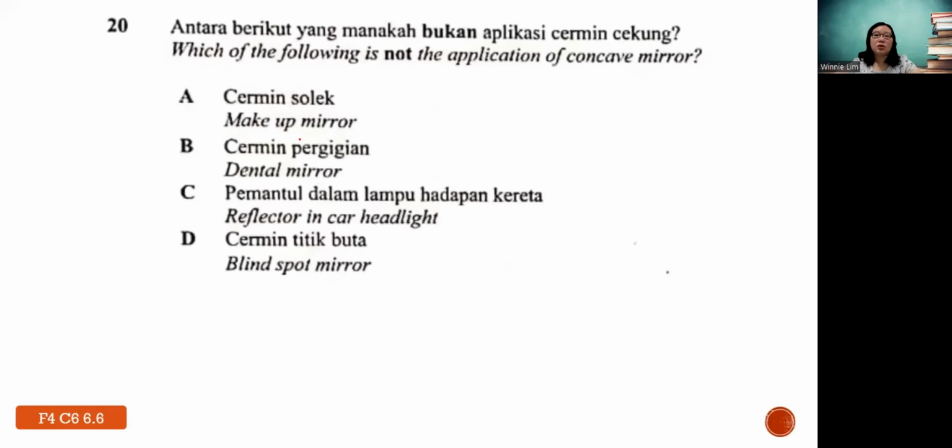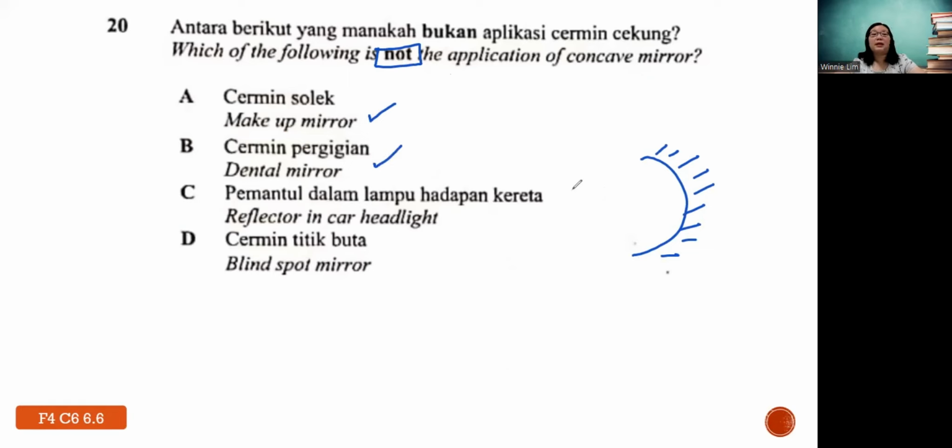Which of the following is not the application? Not the yes or true, correct, false, all this, you must be careful. They want the mistake one. So for your information, concave mirror is like caving inward. You use it as a makeup mirror and dental mirror, where your object is less than focal length, so it becomes magnified.